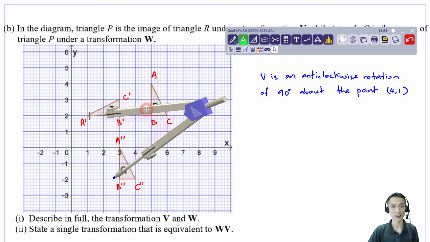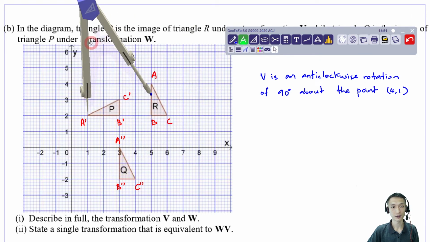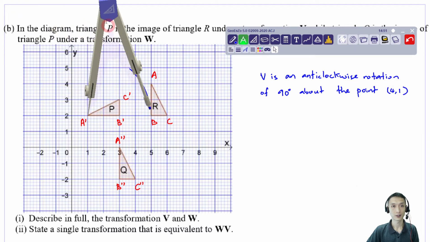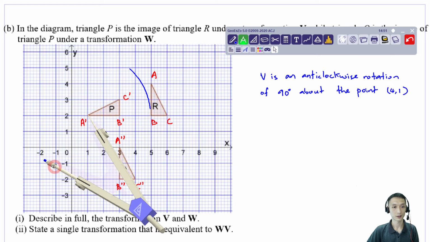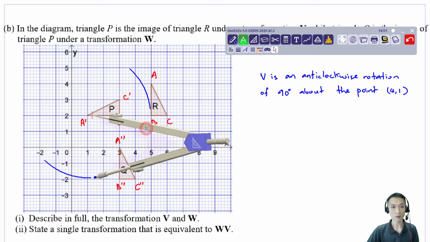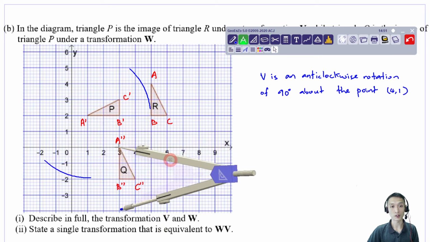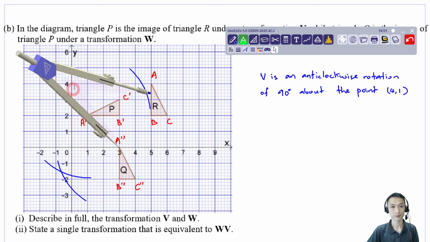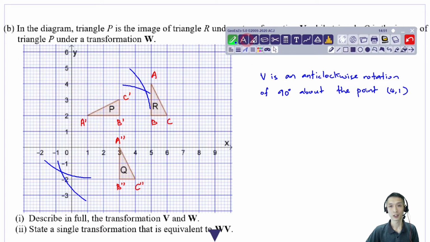Construct the perpendicular bisector here first. Give the same width. Place the needle of your compasses over here, A double prime. Do the same thing. Connect these two intersection points together.